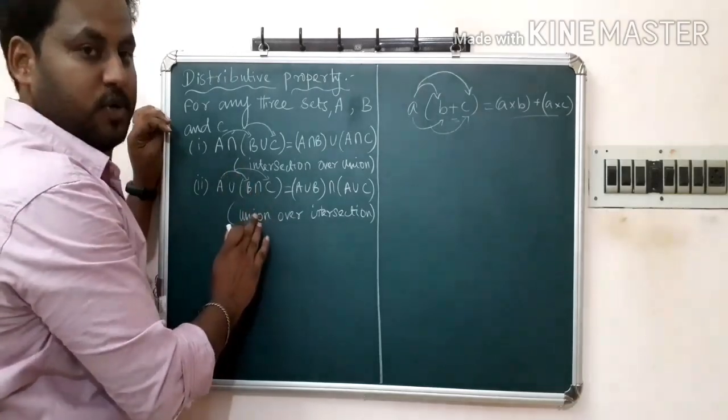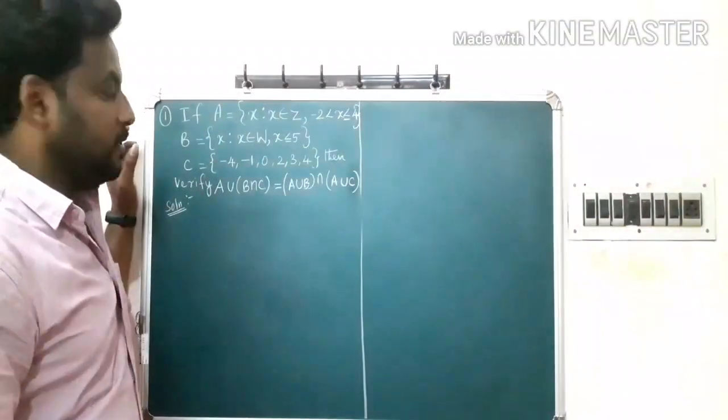So this is called as a distributive property. So then we move on to problem.